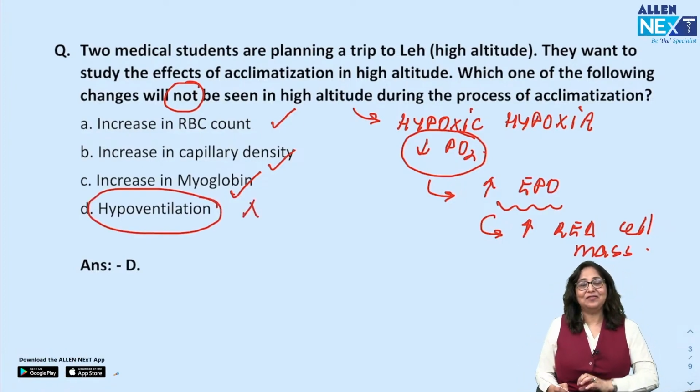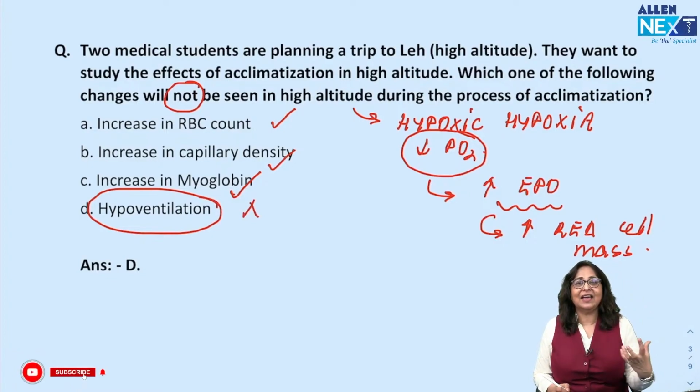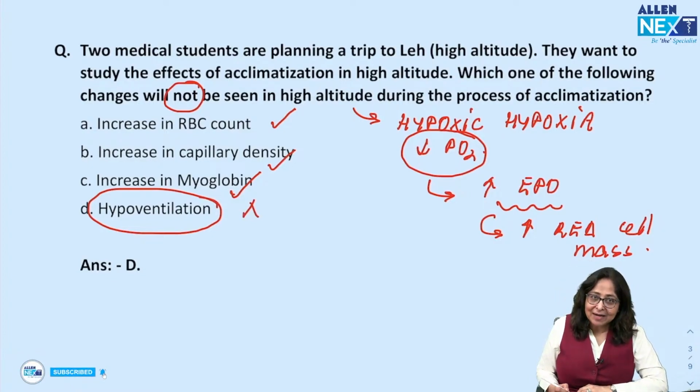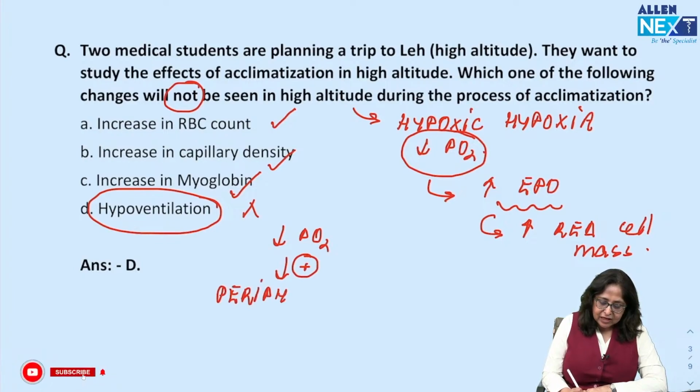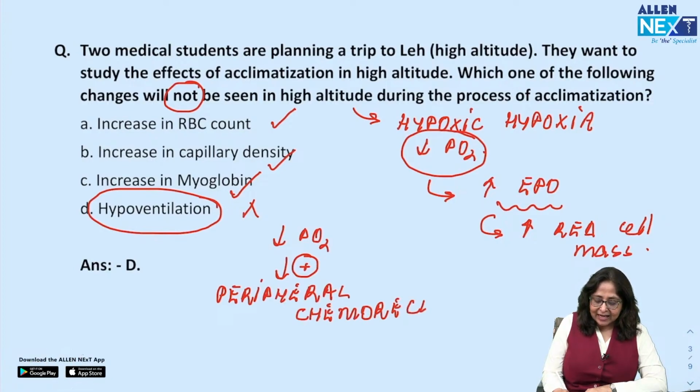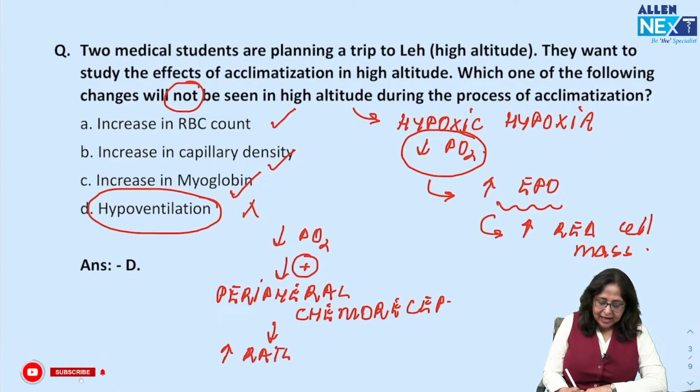Absolutely not. In fact, what is going to happen in high altitude is a hyperventilation. Whenever there is a decrease in PO2, it will stimulate the peripheral chemoreceptors. Which are the peripheral chemoreceptors? The carotid and the aortic bodies. And these will increase the rate as well as the depth of ventilation.